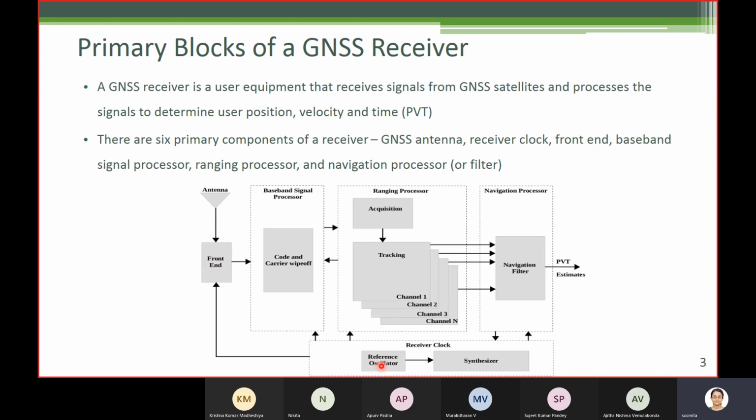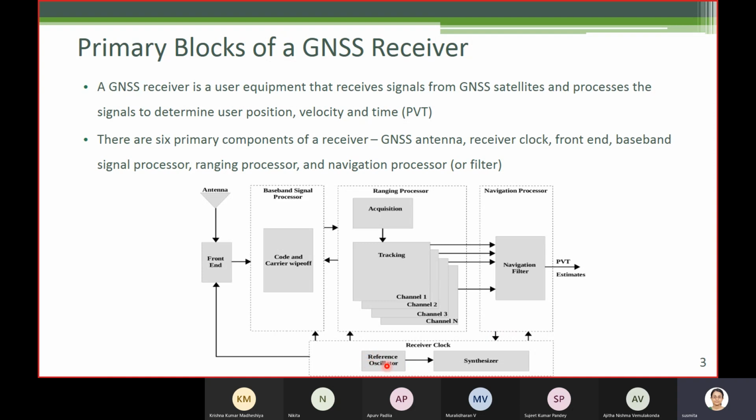The receiver clock has a reference oscillator that generates either a sinusoidal signal or a square wave at a particular frequency. But different blocks actually have different requirements. For example, here you require a frequency at the gigahertz level, here you require it at megahertz level, here you may require it at the fraction of a second.